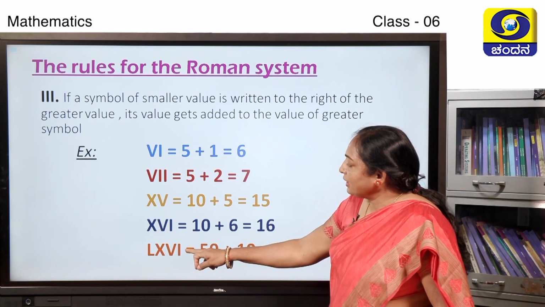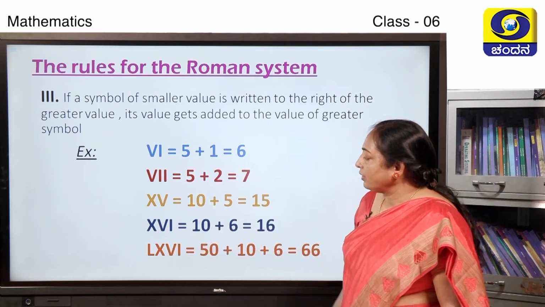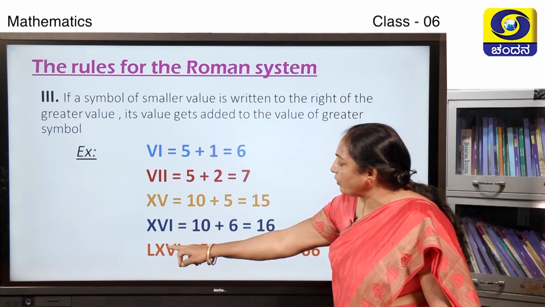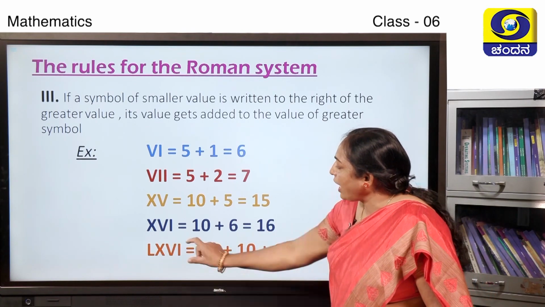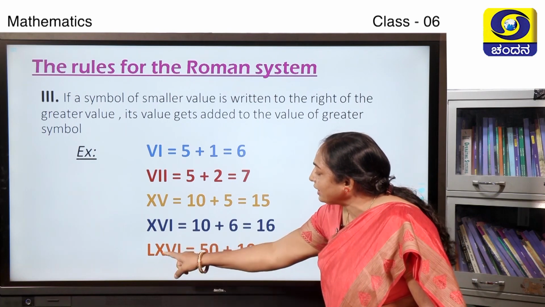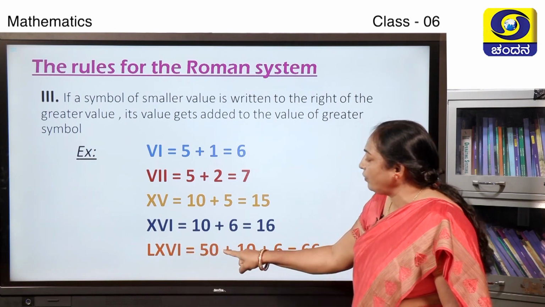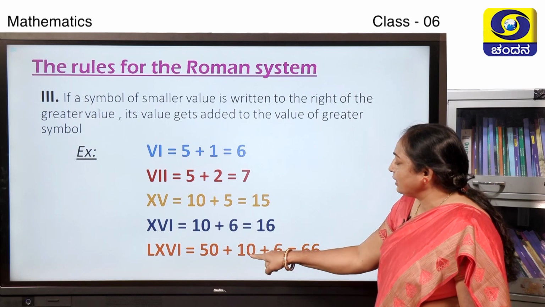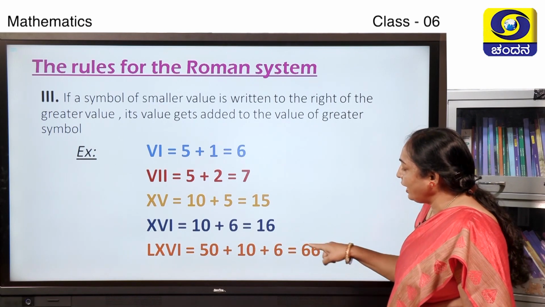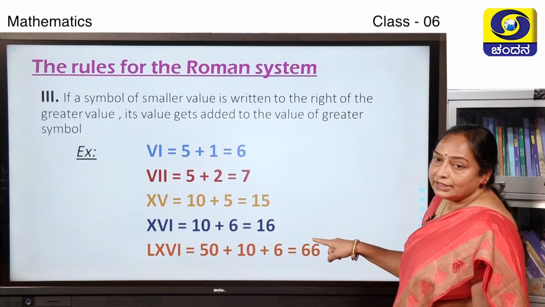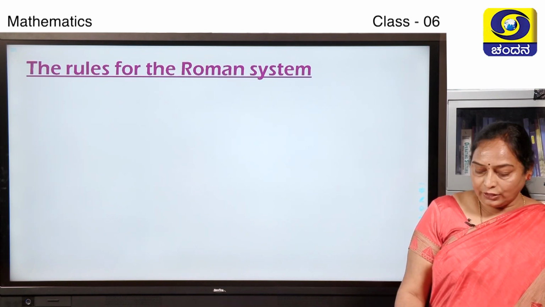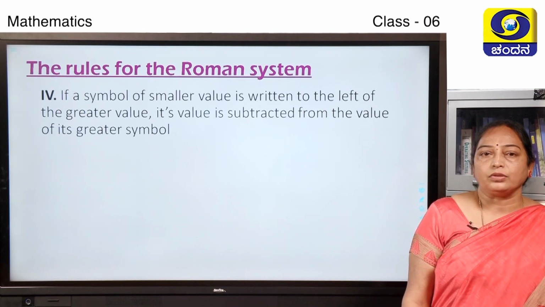XVI is written right of L. Correct now, children? Right of L. That is why we should add 16 to L. What is L here? L means 50. 50 plus 16, we get 66.